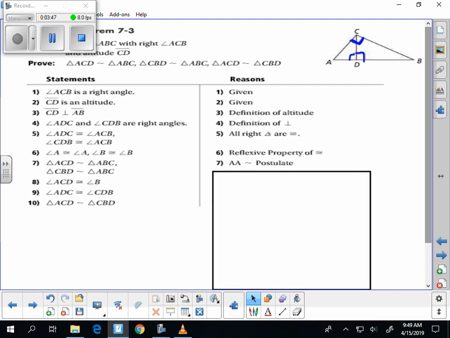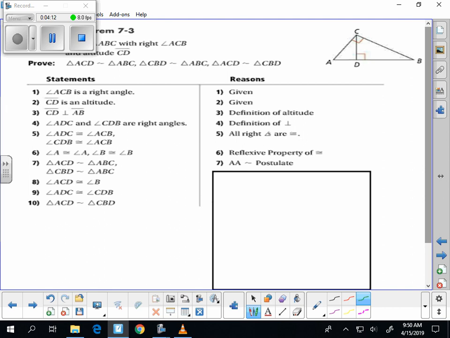Angle ACD, I'm going to erase these. So ACD is congruent to CDB. Oh, that's not what I want, right? ADC. Oh, because I wrote the wrong one.